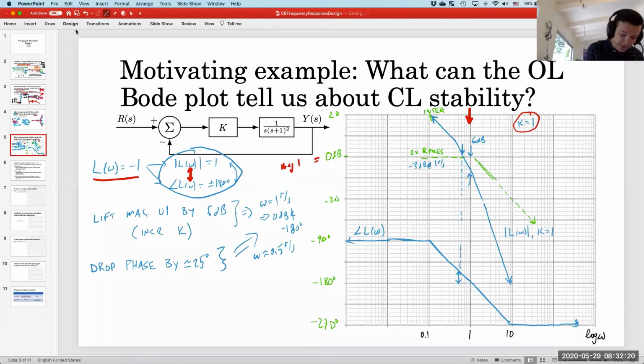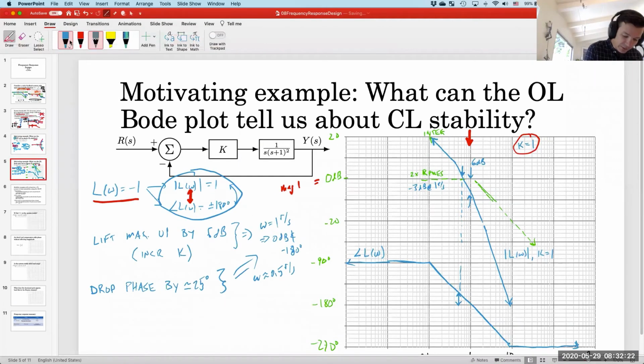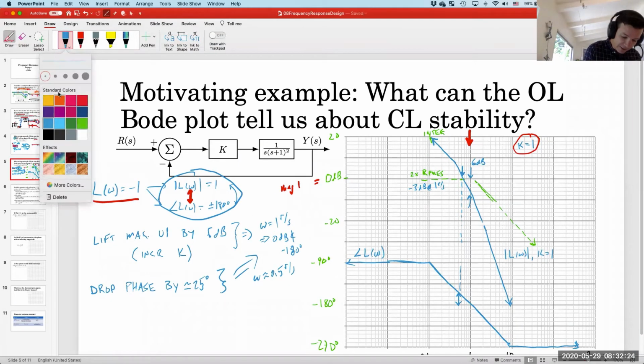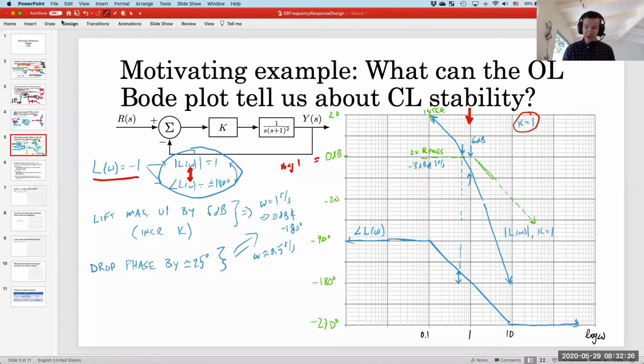Because these two distances are exactly what we're going to call the gain margin and the phase margin. So this is known as the phase margin. And just in English, this is the amount of phase that we could lose that would give us a 0 dB and 180 degree crossing at the same frequency.